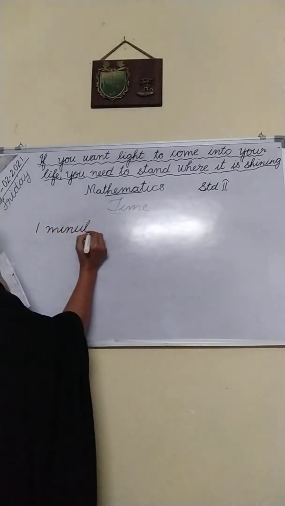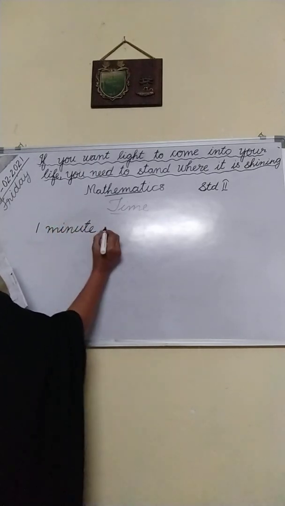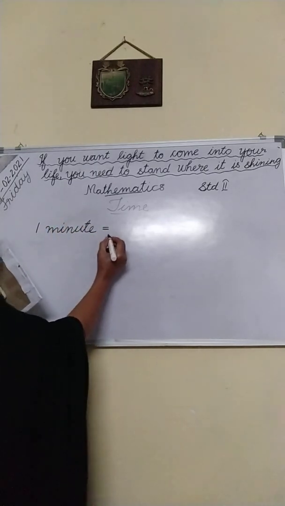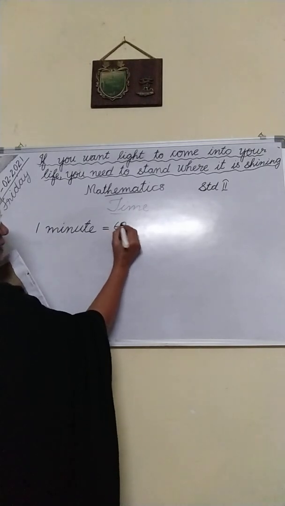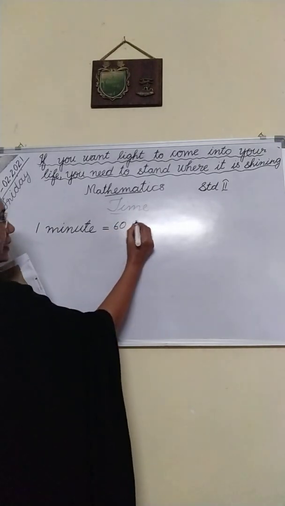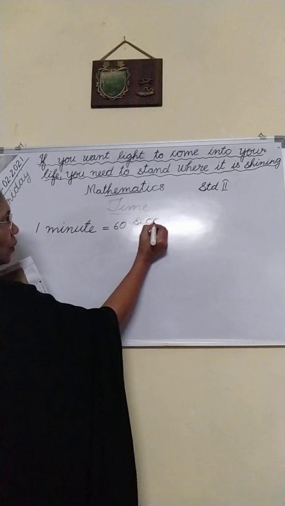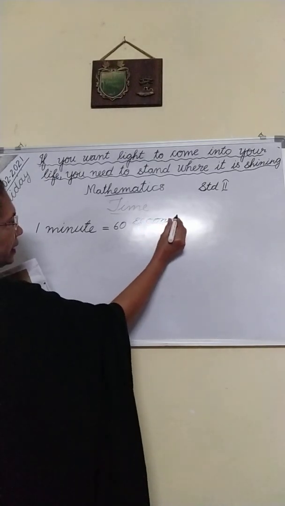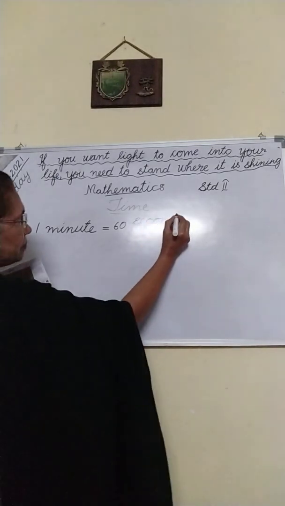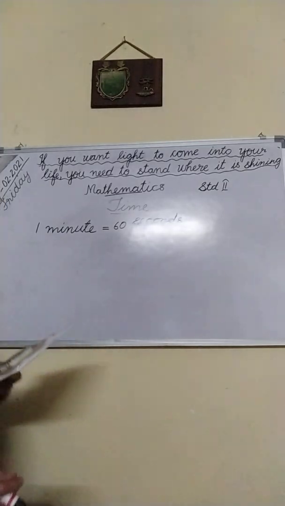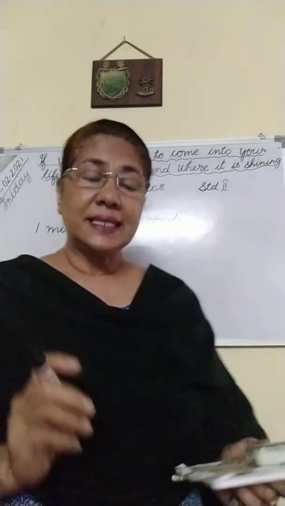M-I-N-U-T-E, 1 minute is equal to 60 seconds. S-E-C-O-N-D-S, 60 seconds. 1 minute equals 60 seconds.